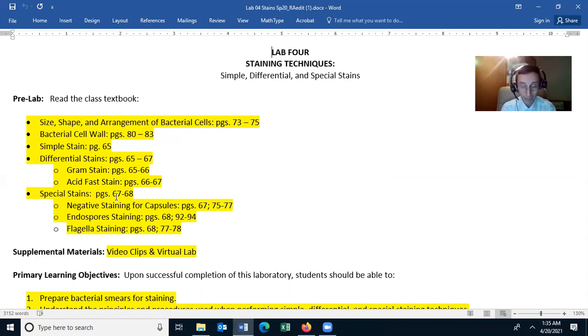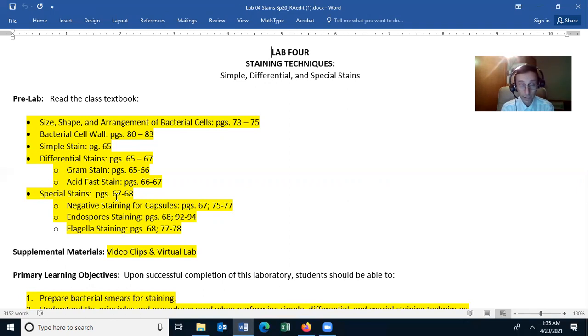Another, even better example, because the endospore stain is another one that can be a special stain, but it can also be a differential stain, and we're not going to get into that discussion. But the flagella stain is always a special stain, and this is a special stain that we use to make the flagella of bacteria show up.